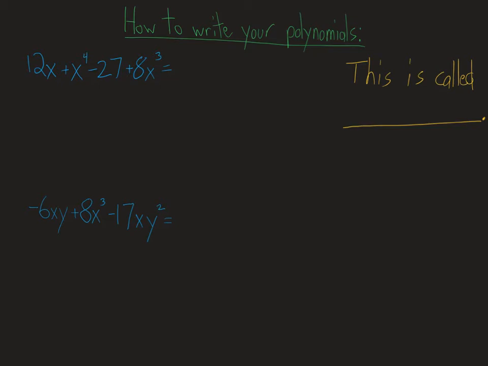Okay, and that is anything with whatever has the highest exponent is going to go first. So x to the 4th is going to go first because it's got the highest exponent. As I look through, the next highest exponent is an x to the 3rd, so I'm going to bring that one next. And I keep looking, and now the remaining 2 here don't have exponents.